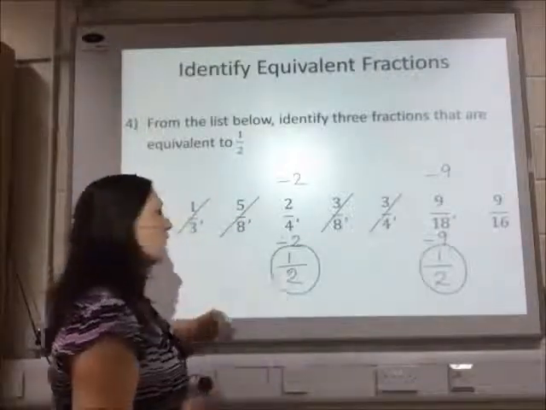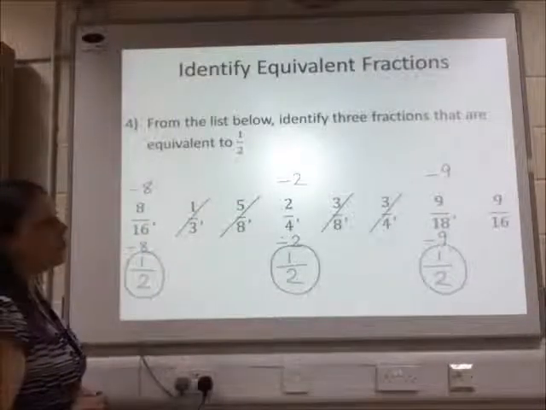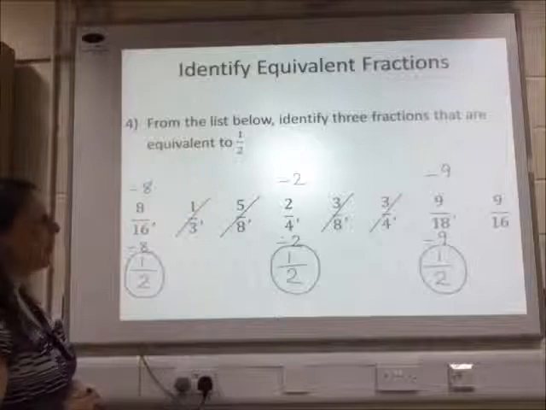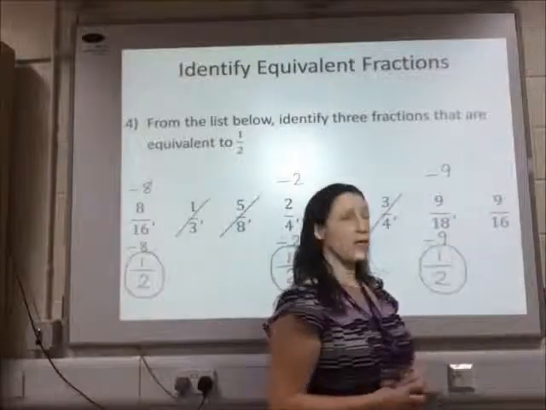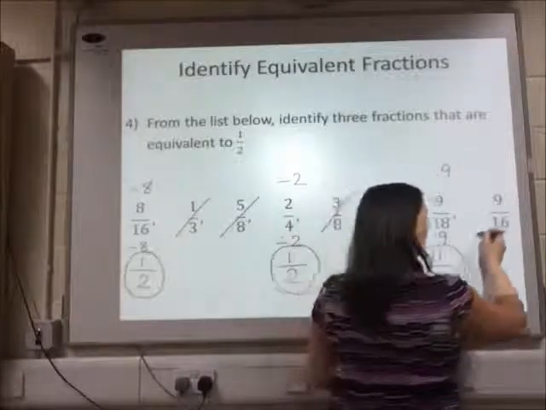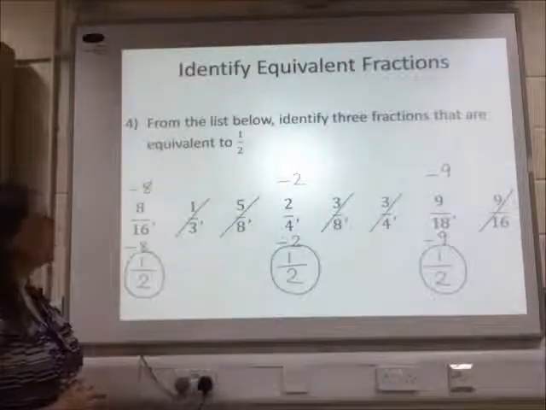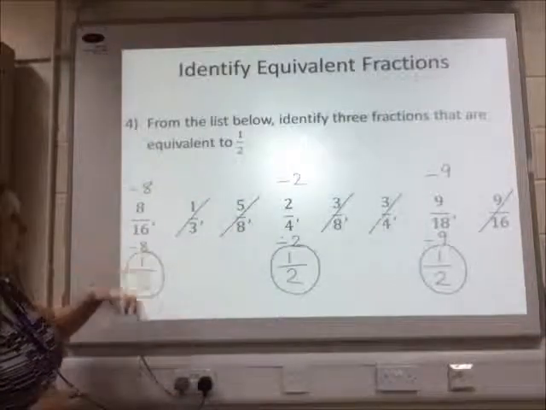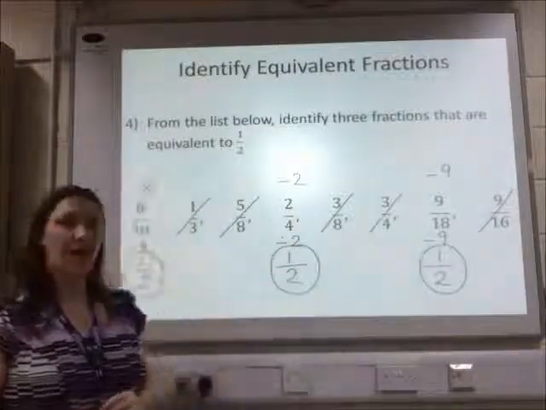I now have 3 fractions that are equivalent to a half, but just so that we can check that we haven't gone wrong somewhere, if we look at the final fraction of 9 over 16, 9 and 16 do not have common factors, and so cannot be cancelled down to a half. Our final answers, therefore, are 8 over 16, 2 over 4, and 9 over 18.